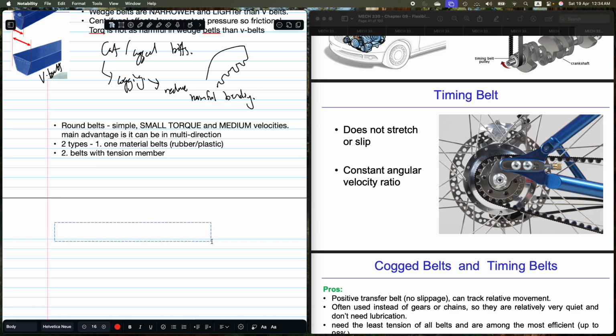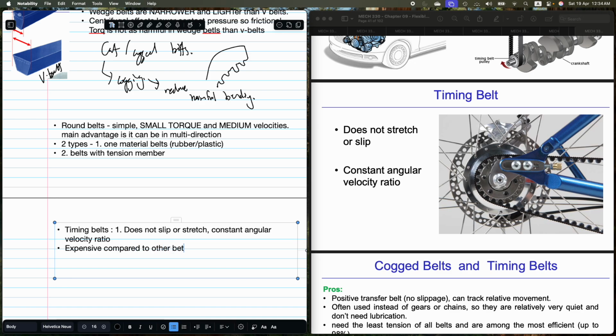So we will have here timing belts: does not slip or stretch. We have constant angular velocity ratio. We also said they're expensive compared to other belts. What else did we say earlier?